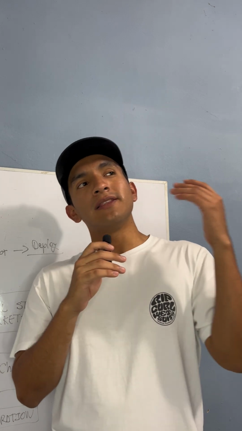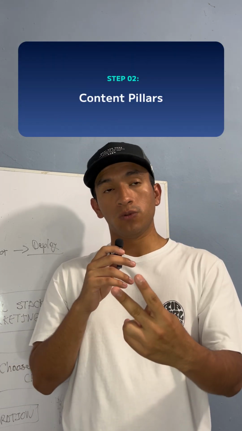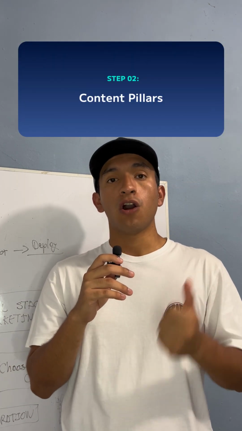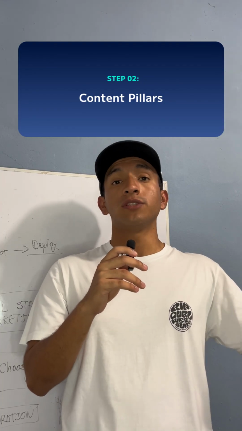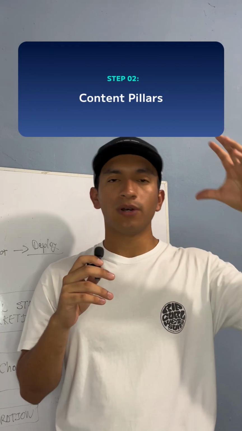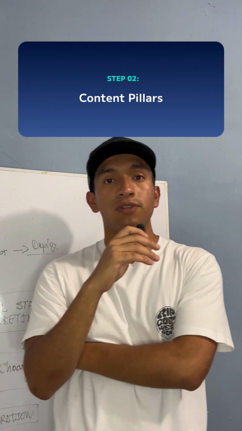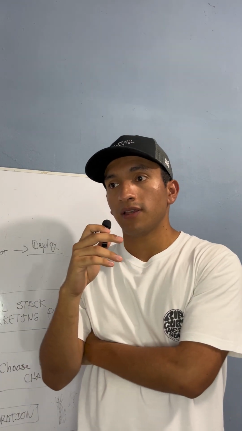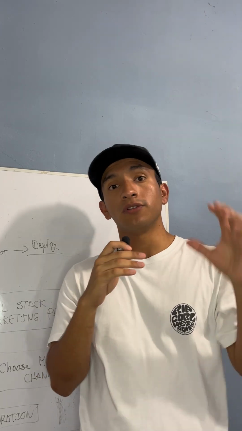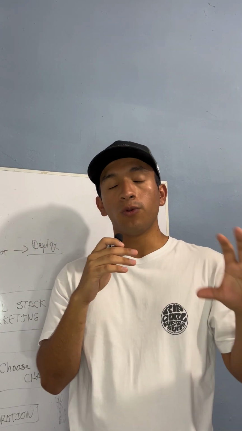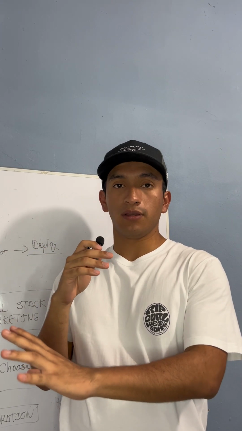Now let's transition to step number two, which is to create the content pillars based on the research we did before. Now that we understand what interests and motivates the target audience, we build these content pillars to organize all the content we want to plan for the rest of the week.